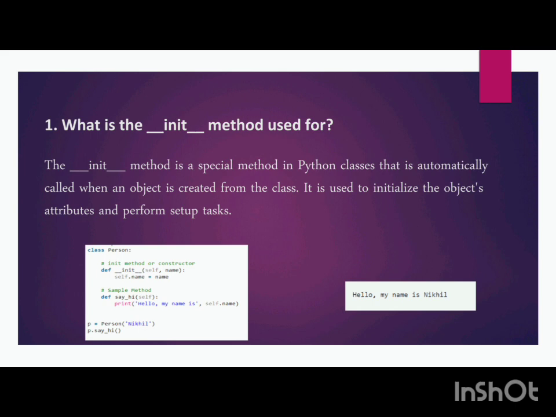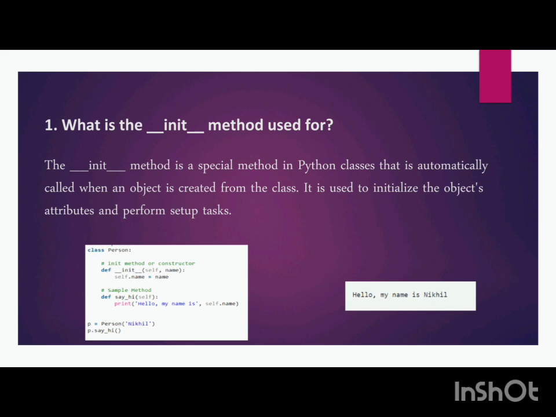If you see the example, we have the class called Person and you see two methods. First one is the init method and the next one is another method with just a print statement, and with the next line you can see the object p is created with the name Nickel. So what happens is, when you create an object, it will go to the init method and sets the value.